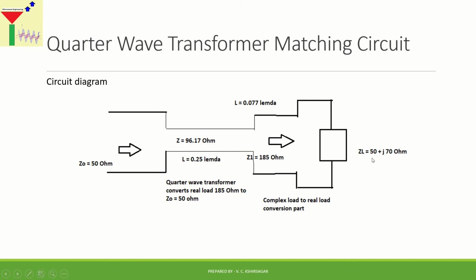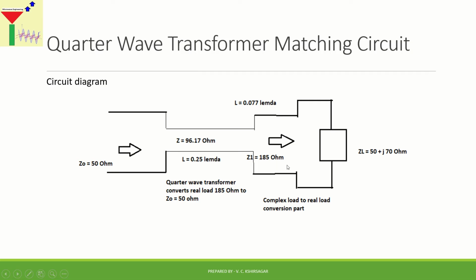From that load impedance, we inserted a piece of transmission line. The length of the transmission line we inserted is 0.077 lambda. It converts this complex load impedance to a real value of 185 ohm. So that Z1 we have got is 185 ohm.